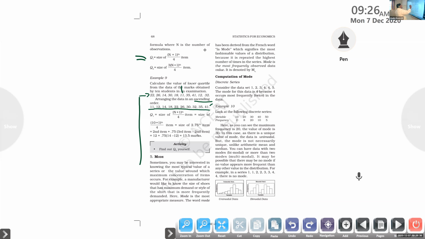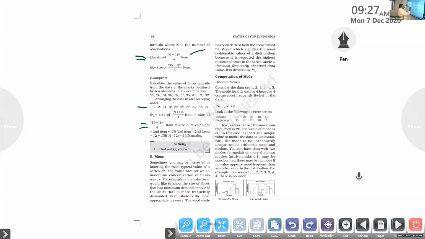We apply the equation Q1 equals the size of (n plus 1) divided by 4, because the quartiles divide the entire data into 4 sets. That is why it is 4 here. So Q1 is equal to the size of the (n plus 1) divided by 4th item. What is n here? 1, 2, 3, 4, 5, 6, 7, 8, 9, 10.